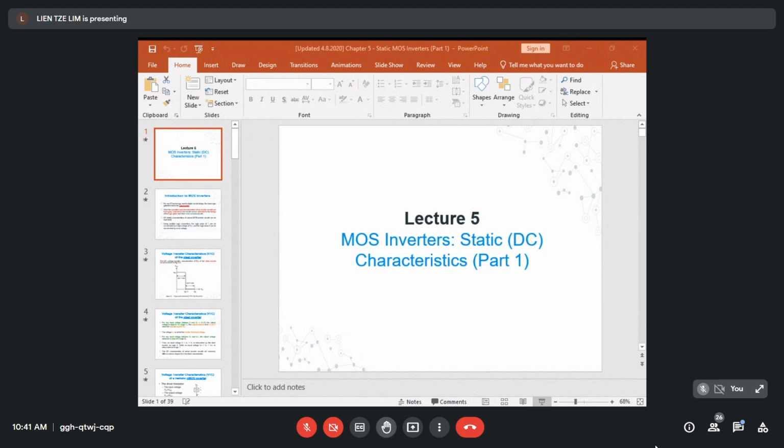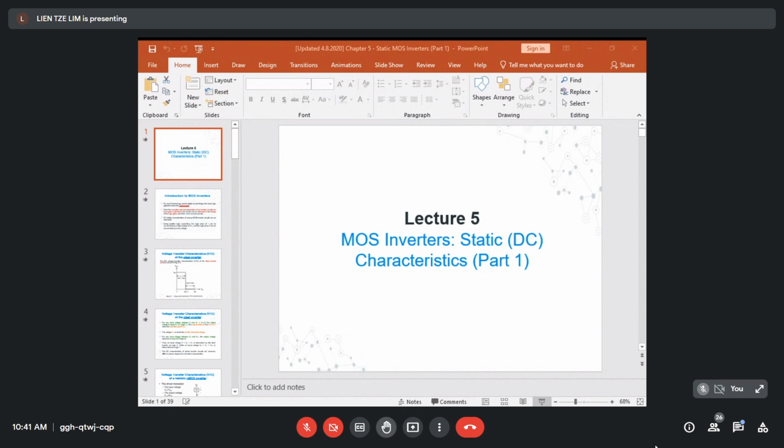Just now I mentioned that for any IC technology used in digital circuit design, the basic logic gate element is the logic inverter. If we want to construct a logic circuit, the fundamental logic component is the logic inverter. That's why I emphasize and focus on these fundamental logic components in this course.